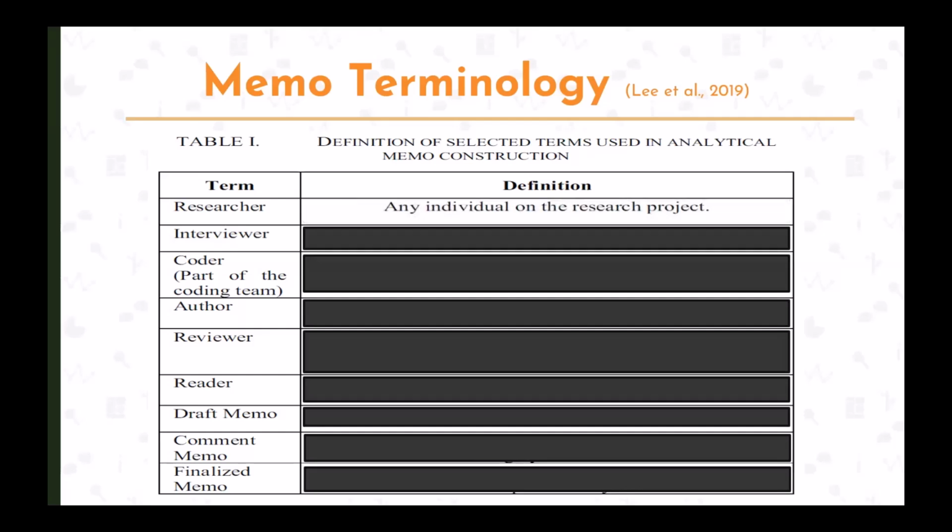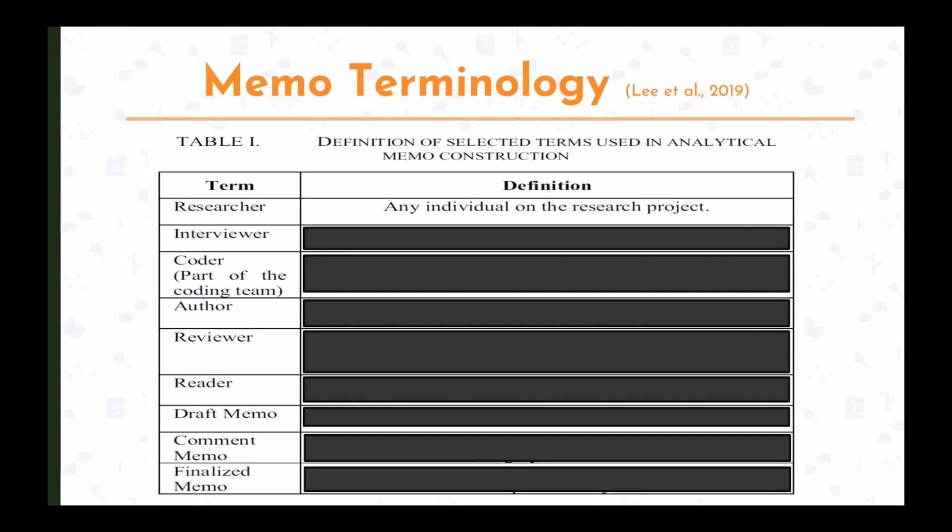So researcher, I think we all share this idea. It's anyone that's involved in this research project. So everyone at this Zoom meeting, and everyone who's going to be either coding data, writing the paper, schooling us on theory of the oppressed, like Doug did, all of us are researchers, right?